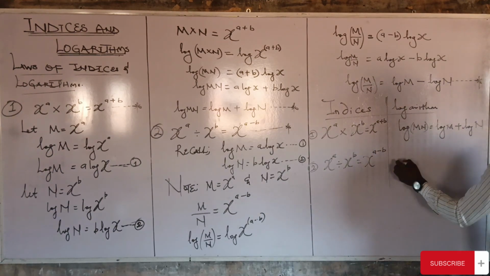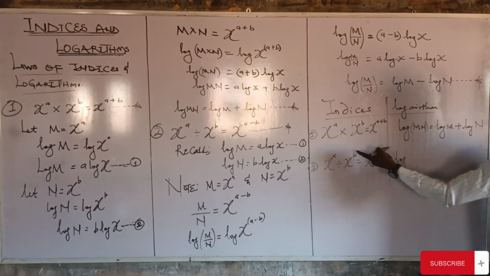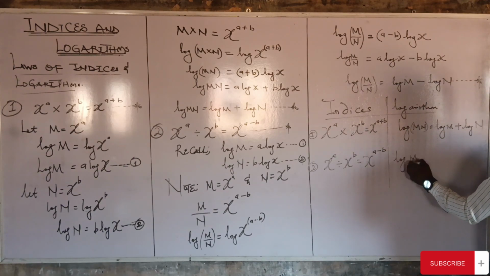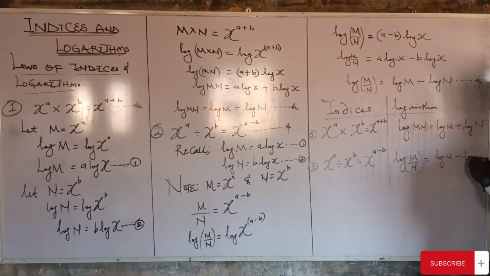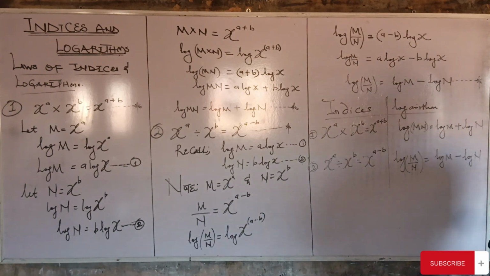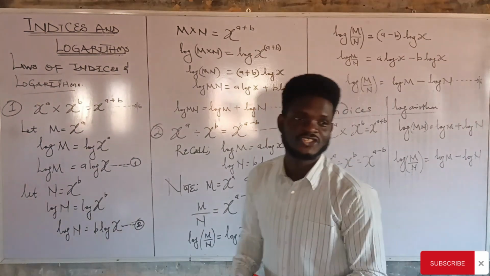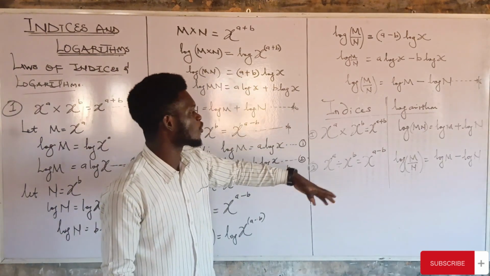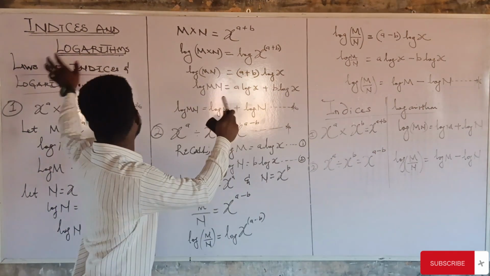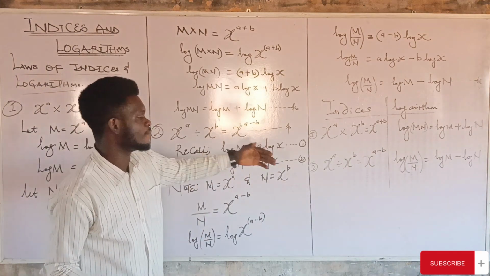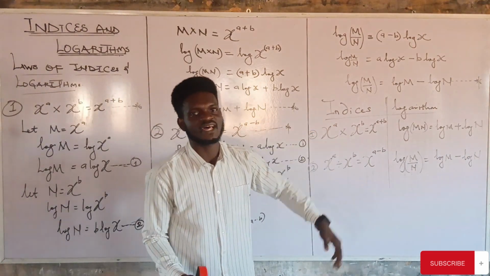Once you've done that, then in similitude, like I always say, log of m divided by n is going to be equal to log m minus log n. These are constant laws that govern indices and logarithms in the whole universe. Now, these are not just the only laws of indices and logarithms. There are many other laws that I will explain as time goes on.